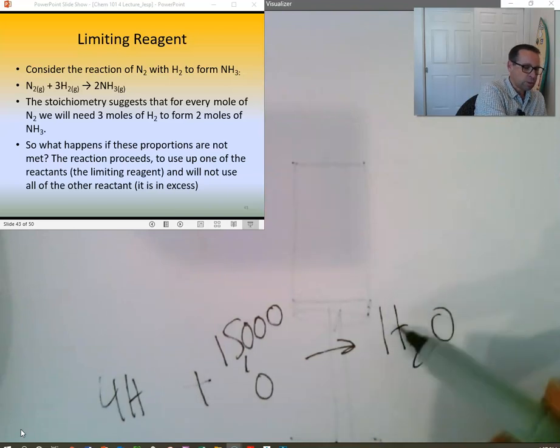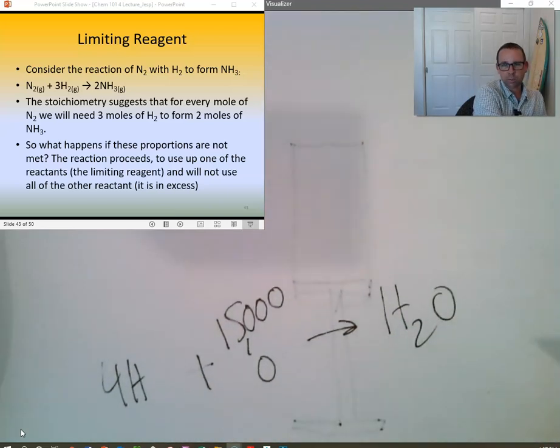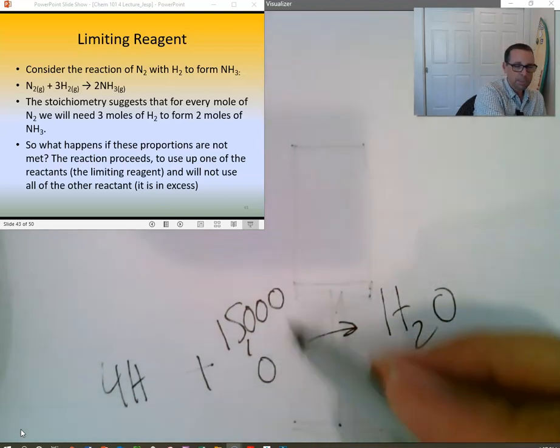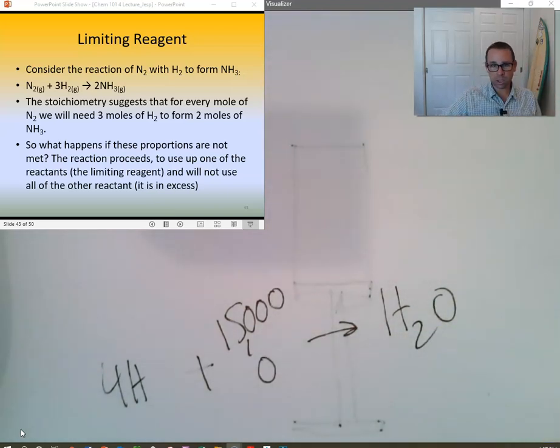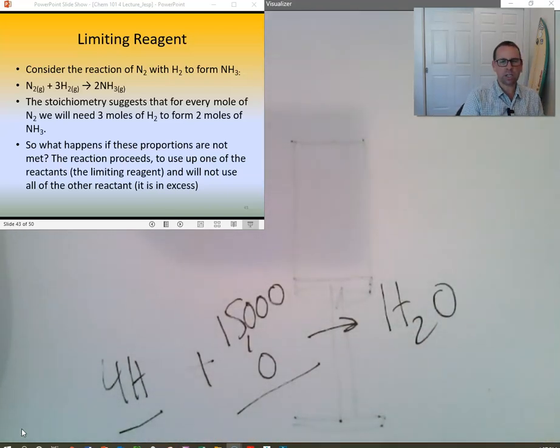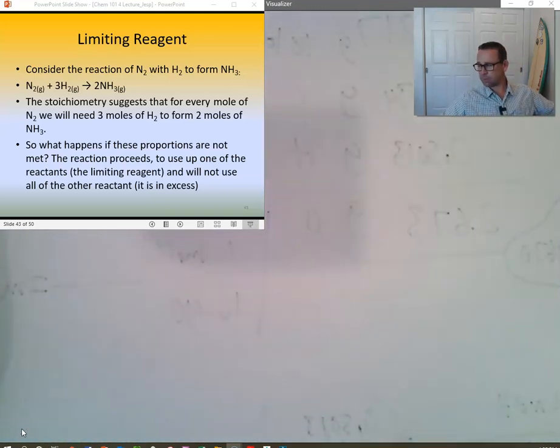Because I need 2 hydrogens for every water, and I only have 4, I'm only going to be able to get 2 waters. Very good. And that means I'm going to have excess oxygen. So what would be my limiting reagent under these kind of conditions? Hydrogen. Very good. Outstanding job.